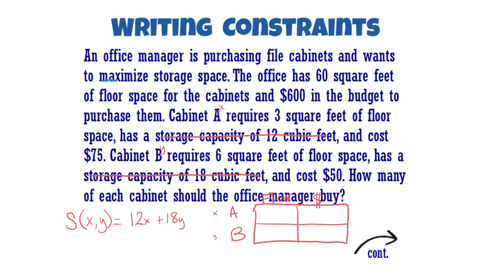I lied. Money is an object. I'm limited. So I'm going to have a total of $600. I have a total of 60 square feet. Cabinet A requires 3 square feet of floor space and costs $75. Cabinet B is 6 and costs $50.